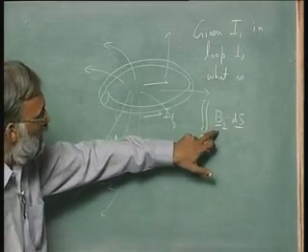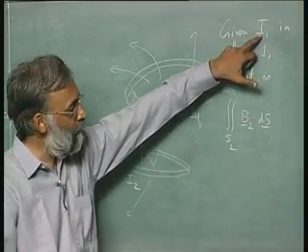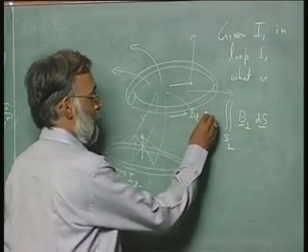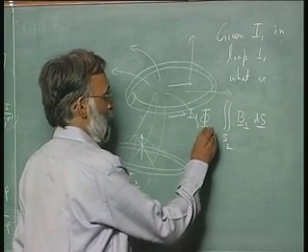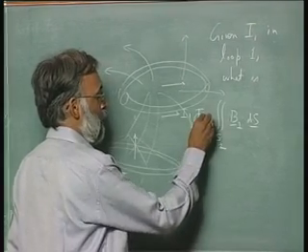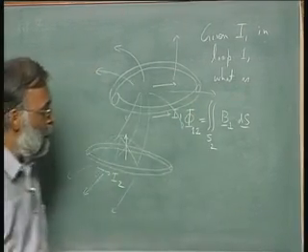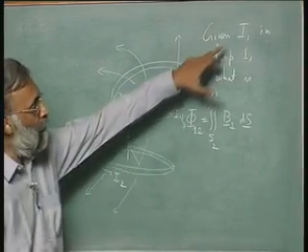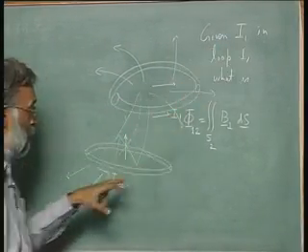This magnetic field is proportional to this current, and therefore, the amount of flux, this is the flux due to current 1 in loop 2. So, I will call it phi 1 2. This phi 1 2 is proportional to I1, it is not proportional to I2.